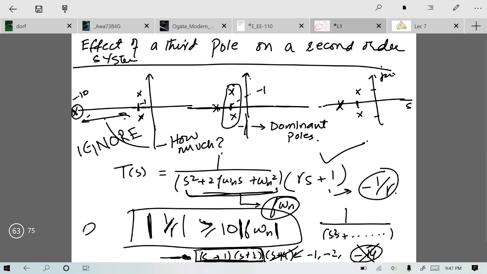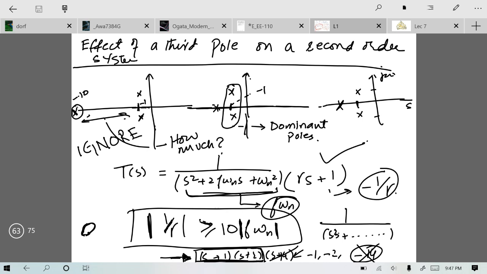Even if he writes correct formulas and correct calculation, he would still get zero credit because he will miss that conceptual point, which is that he was unable to ignore that third pole due to the reason that it was far away from the dominant poles.